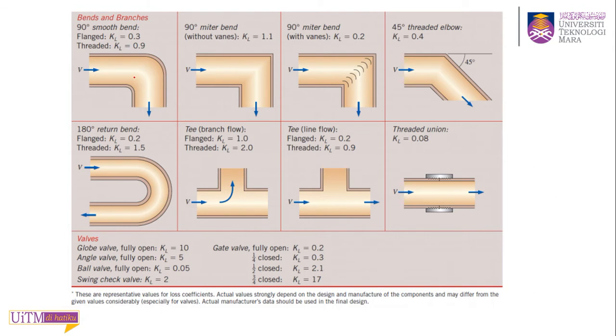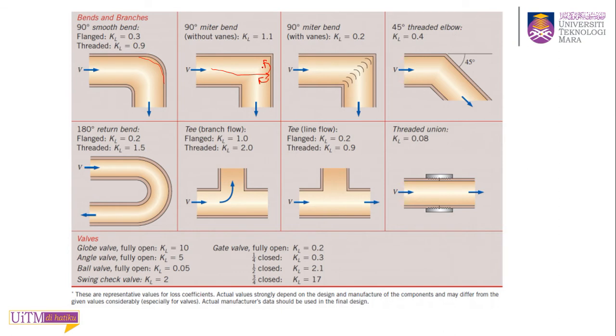The same goes for the bend. Whether it is a 90 degree bend, this is a smooth bend, smooth and rounded, compared with this mitre bend, a sharp mitre bend at 90 degrees. When the fluid flows, it will collide with this wall first. This will give turbulence, and that will give you losses.